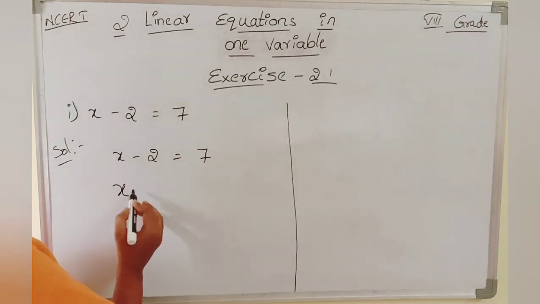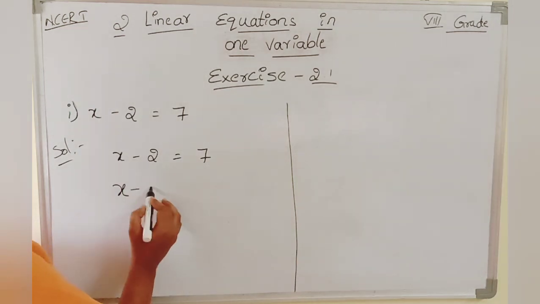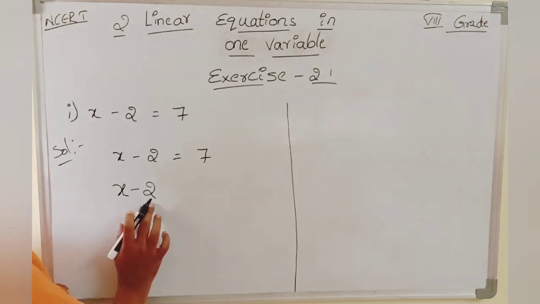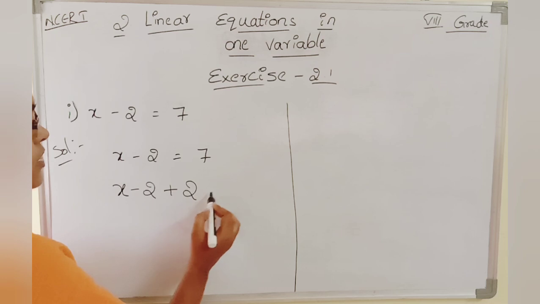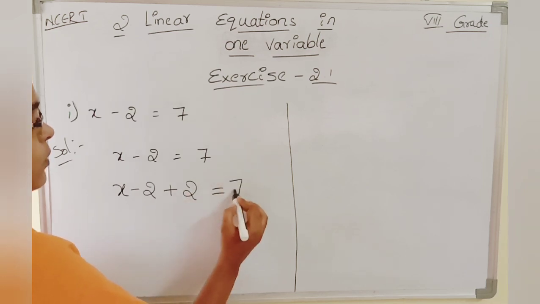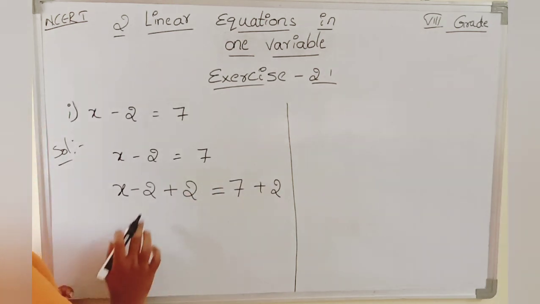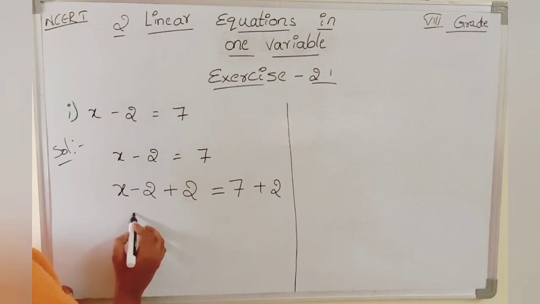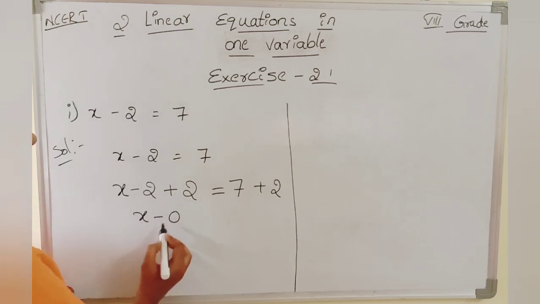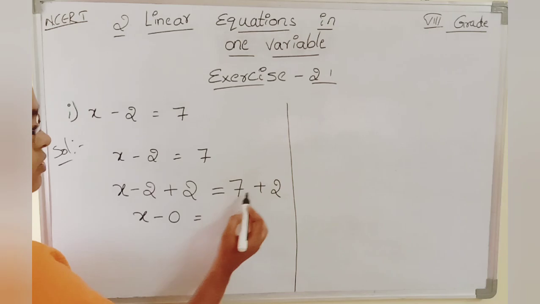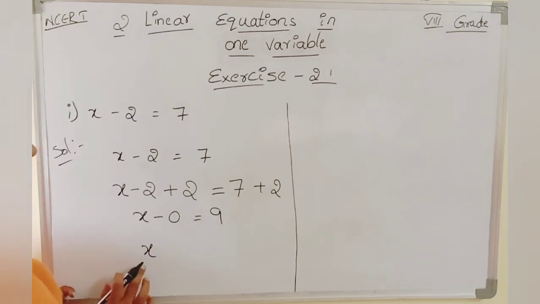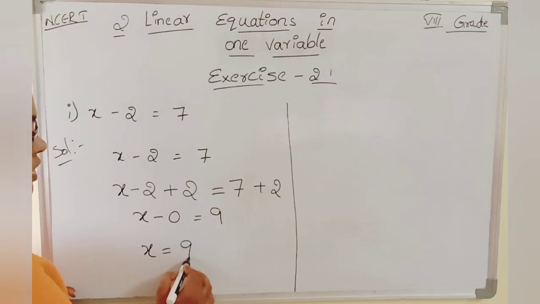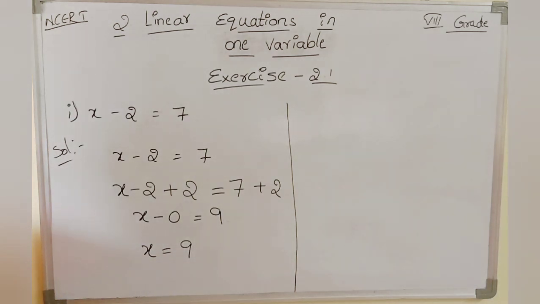So along with x, here I have minus 2. To make this 0, for this minus 2 I am adding plus 2, on both sides. Now minus 2 plus 2 will become 0, that is x minus 0 or x plus 0 is equal to 7 plus 2, 9. So x minus 0 or x plus 0 will become x only, x is equal to 9. Like this we will do in the first method.